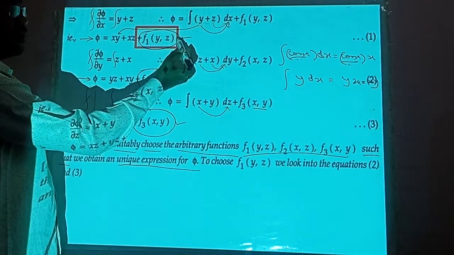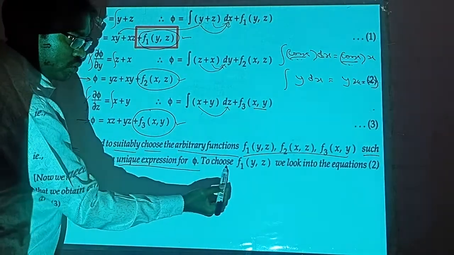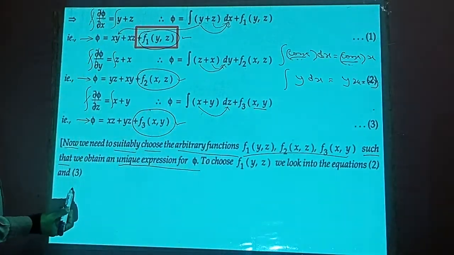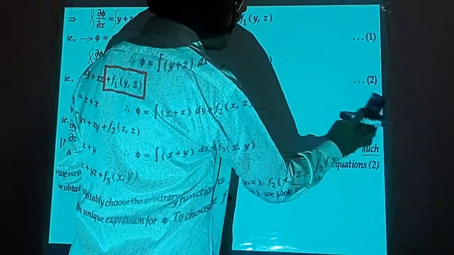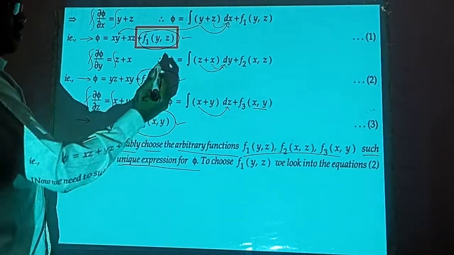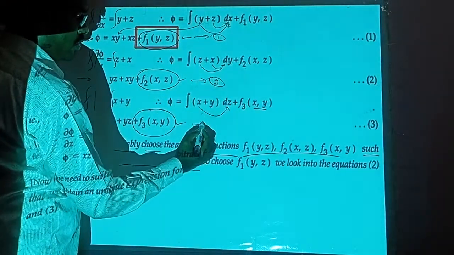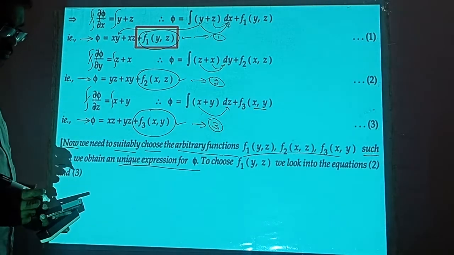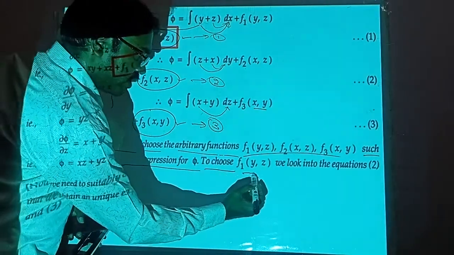Now let us see what is the procedure to choose f1. To choose f1 of y comma z, we look into equations 2 and 3. This is equation 1, equation number 2, equation number 3. How do we choose f1?